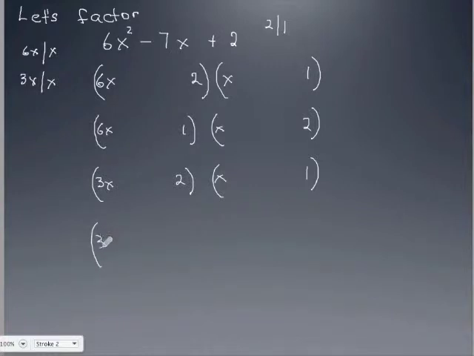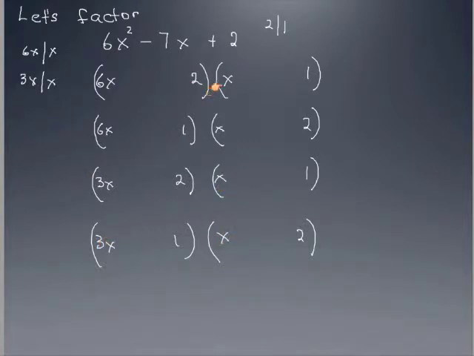And we can try keeping the front one, 1 and a 2. Let's try these, and if they don't work, then we will try something else. Of course, remember, we can also trade 3x and x as well, so there's plenty of possibilities here.